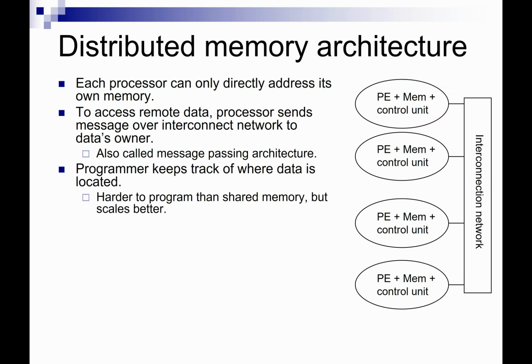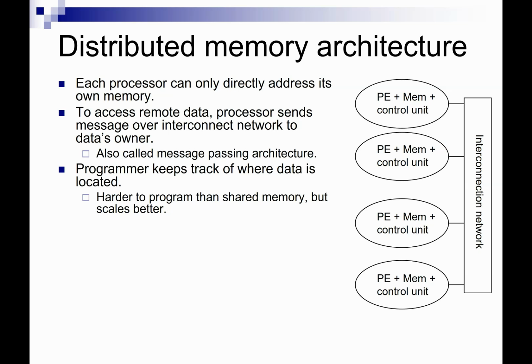In fact, the first processor needs to send a message to the second processor. It needs to first locate where the memory it wants to access is, and then it needs to send a message to that processor. And for this reason, this is also called a message passing architecture. The disadvantage of these distributed or message passing architectures is that now the programmer needs to keep track of where the data is.